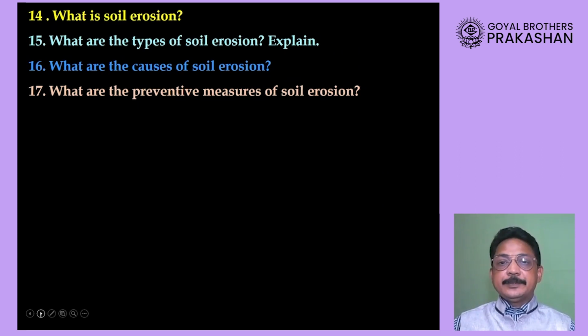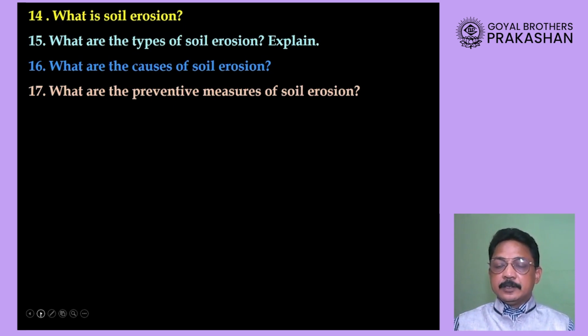Next question is, what are the causes of soil erosion? Point number one, soil erosion is caused because of deforestation. Second reason is overgrazing.